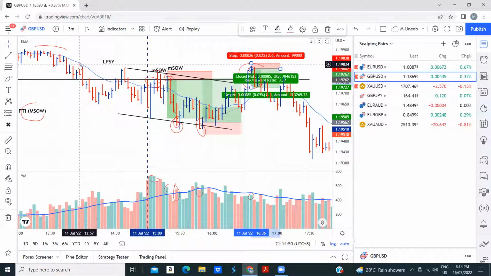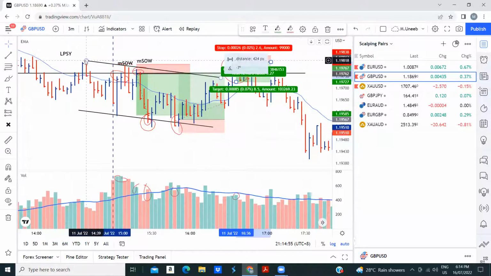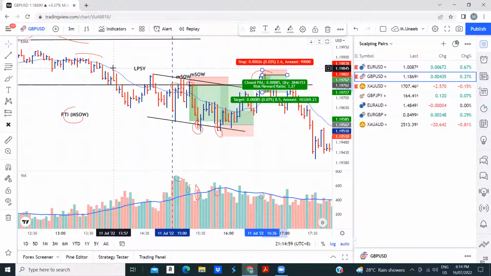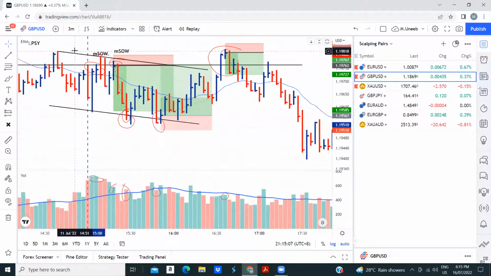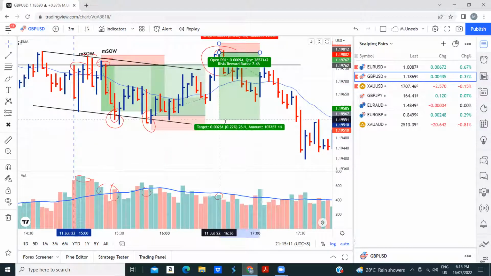Which one is the highest high? If we take this one, this high is actually lower than this one, so obviously we can qualify this as the last high. We place the stop loss a few pips above this last high, then take a trade and drag all the way down to here.